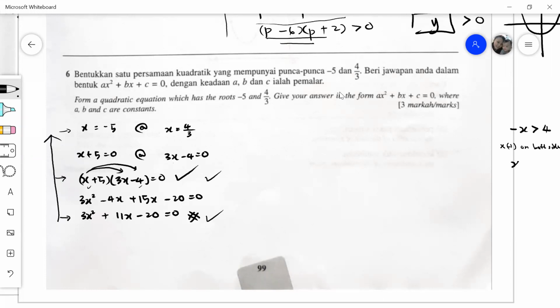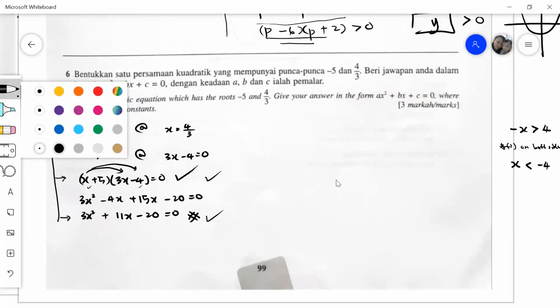Then I will have x less than negative 4. Or you can also divide both sides by negative 1, up to us. That is the only condition: as long as you divide by a negative or multiply by a negative, you change the direction of the inequality sign.